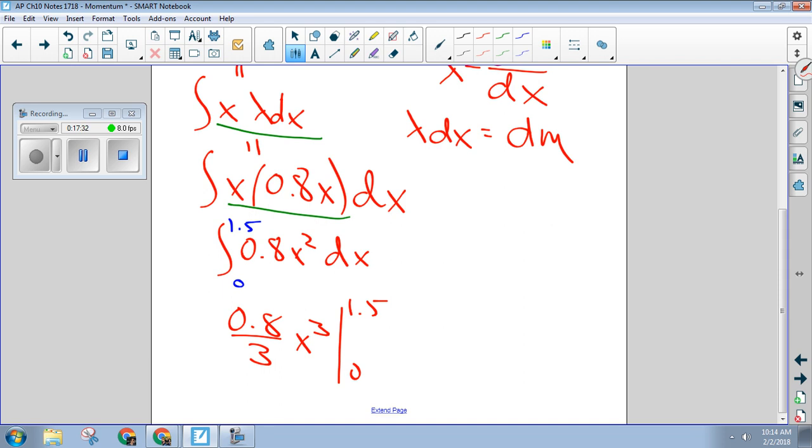The 0 doesn't matter, so you plug in the 1.5, and it gives you 0.9. And the units there are x times m, so kilogram meters. So that's that. We're halfway done. Any problems there?